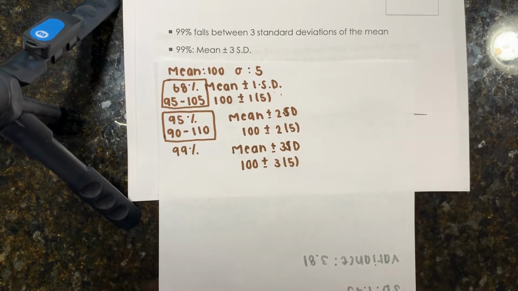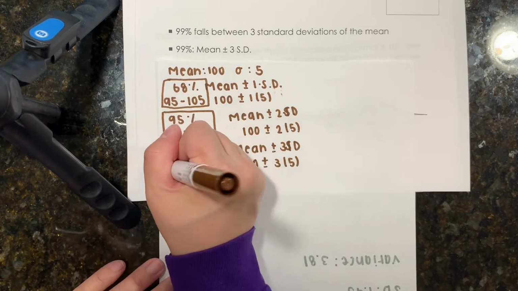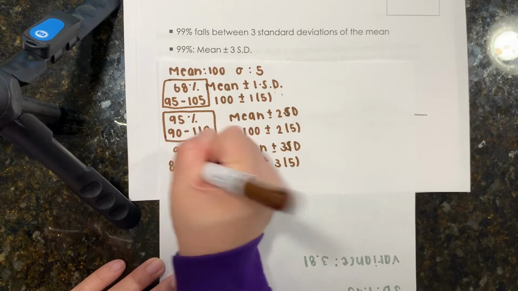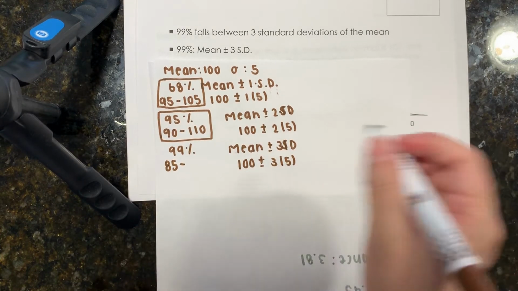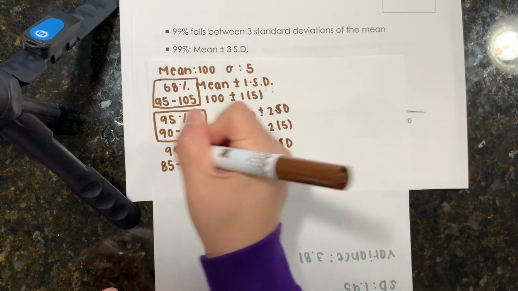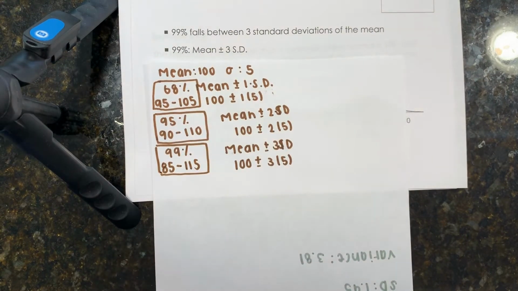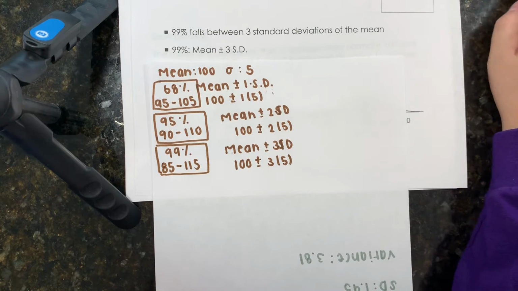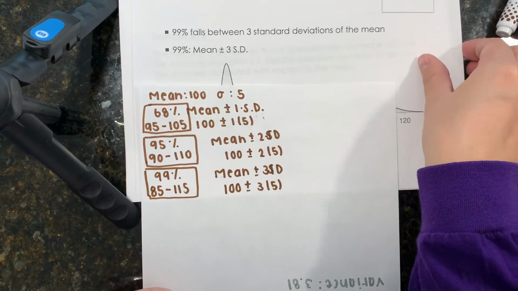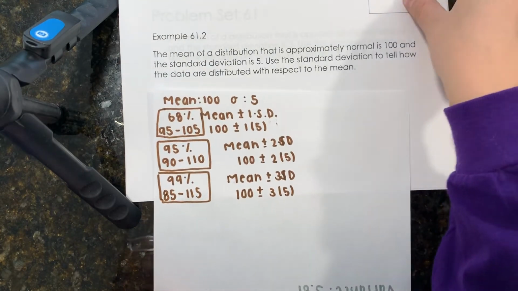So the first one would be 100 minus 15, which would be 85. And then 100 plus 15 would be 115. So I'd say 99% of the data is falling between 85 and 115. And that's how you complete this problem here for 61.2.